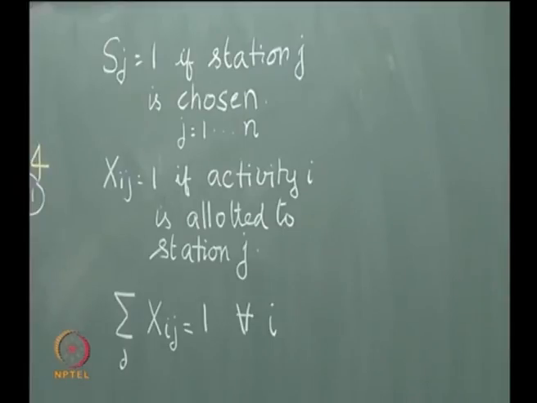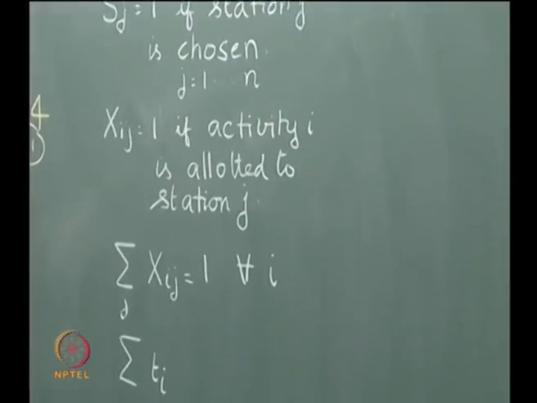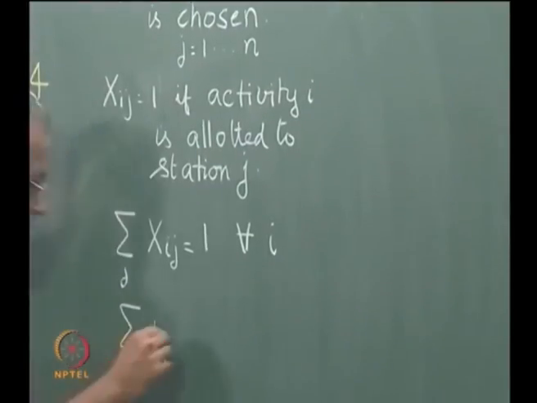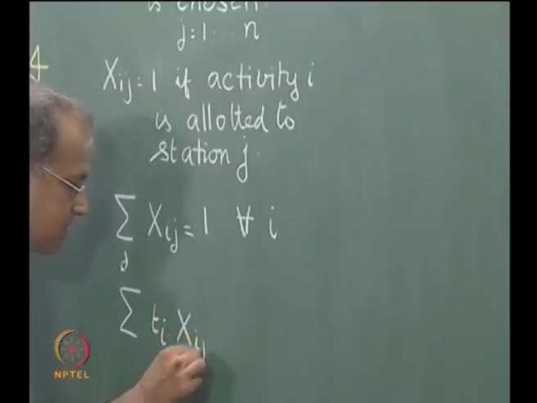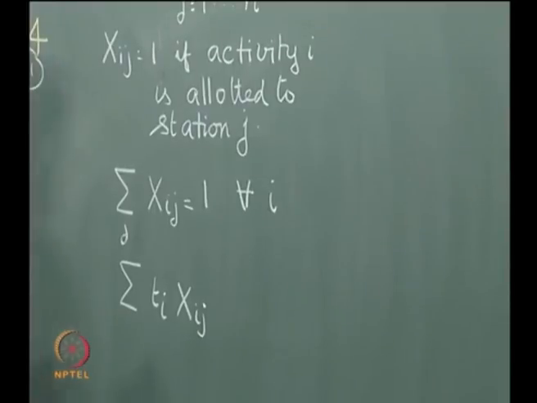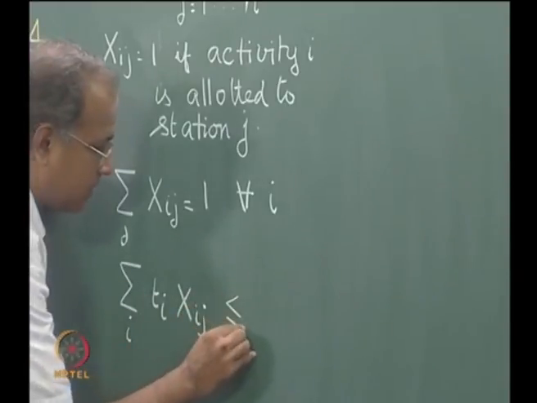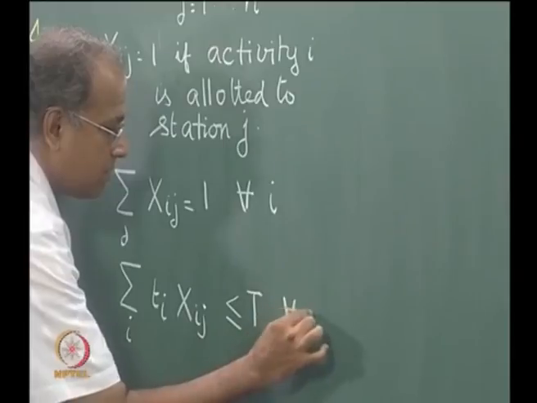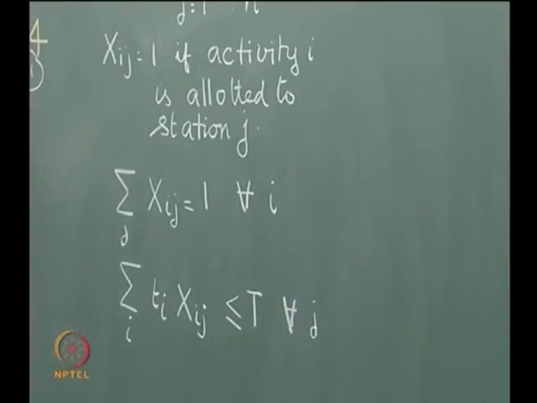So this would be sigma Ti Xij summed over i, where Ti is the activity time for activity i, should be less than or equal to t for every j. j represents the workstation.